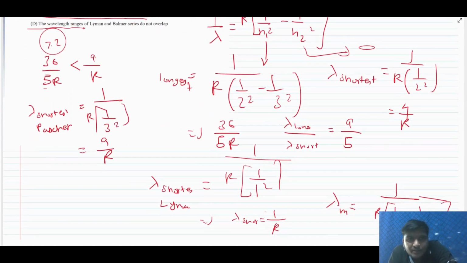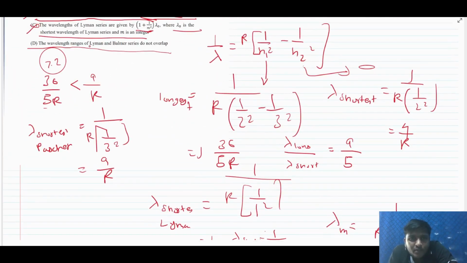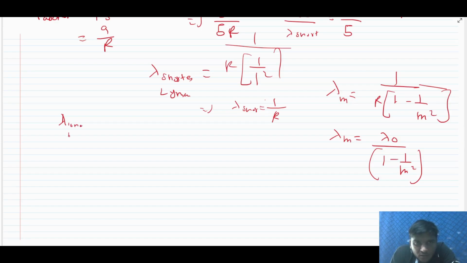And D is the same question as B, we have just changed the series to Lyman and Balmer. Again, we have to find the longest wavelength of Lyman and the shortest wavelength of Balmer. The longest wavelength of Lyman is 1 by R times (1 minus 1 by 2 square), that is 4 by 3R.